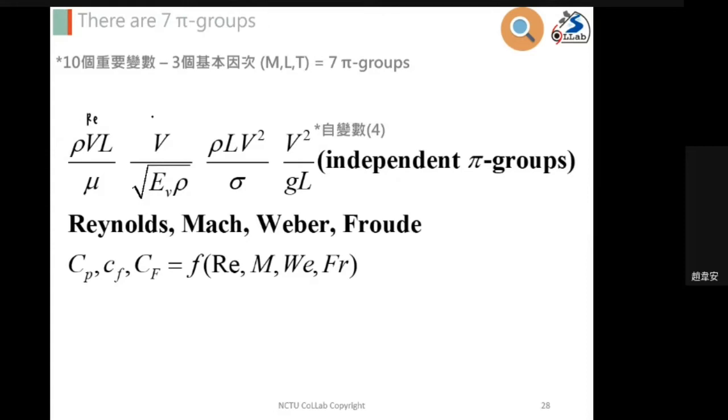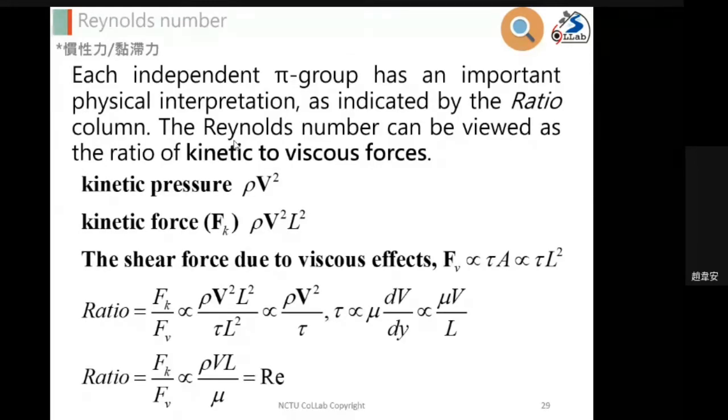The first one is the Mach number, the next is the Weber number, and the final one is the Froude number. So what is the physical importance of these four independent pi groups? I will introduce them individually in the following slides.